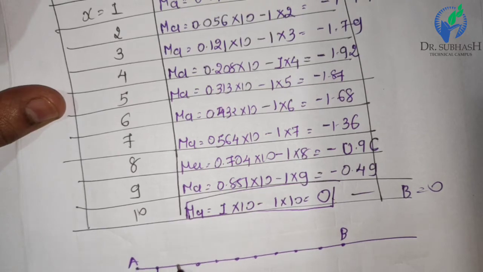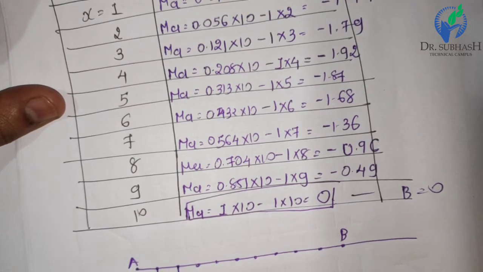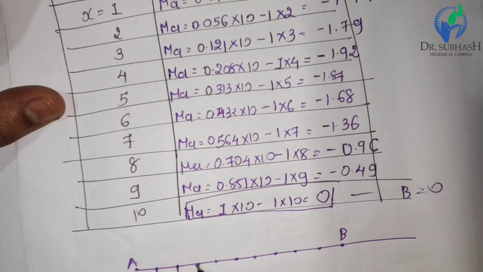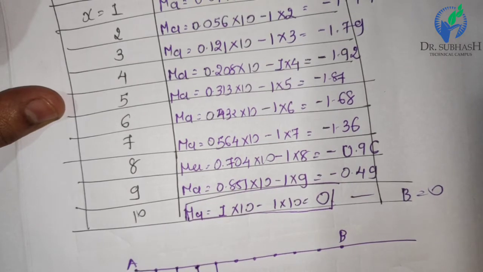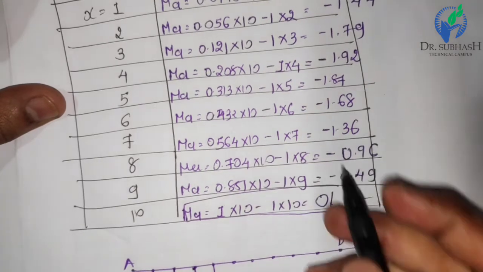Then 1.44. So it should be bigger. Likewise, then 1.79. Then 1.92. Likewise, you have to plot all the ordinates.